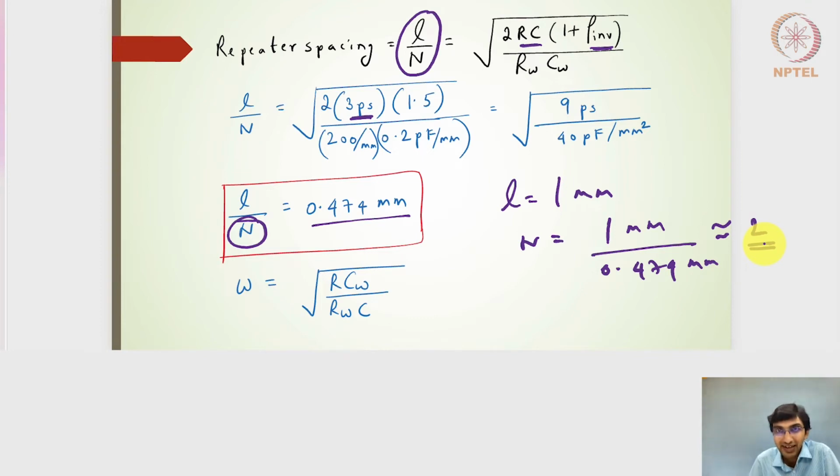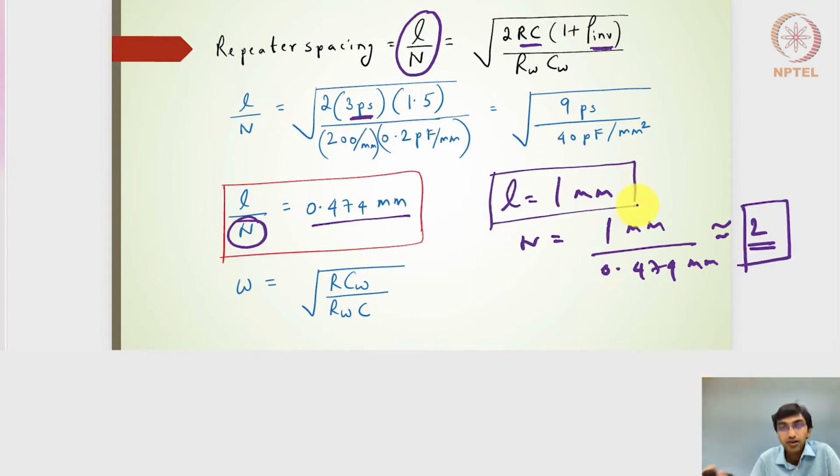It cannot be a decimal number or a real number. It has to be an integer. So it will turn out to be 2 point something, but it will be rounded off to 2. So I will make 2 segments, which means I need to insert 1 inverter or 1 repeater for a length of 1 mm. All right, hope that is clear.